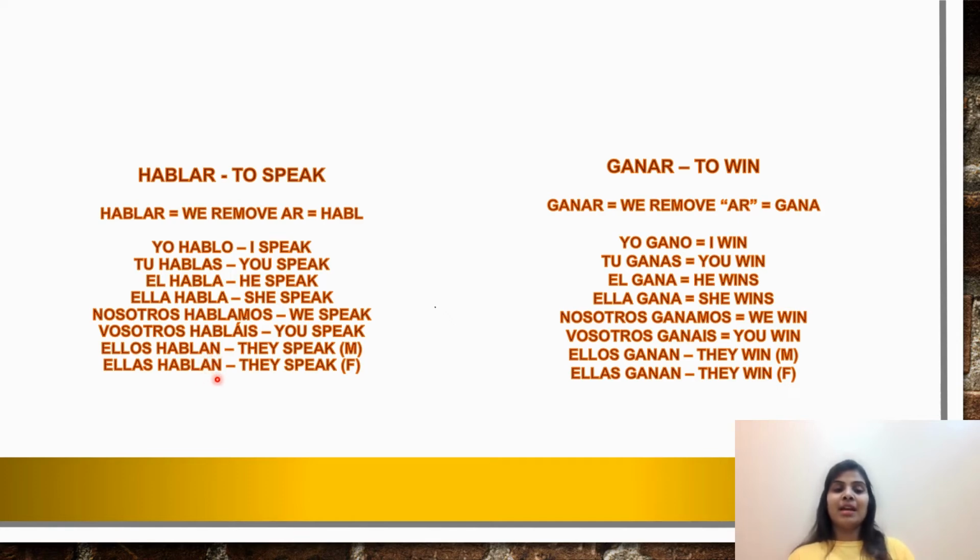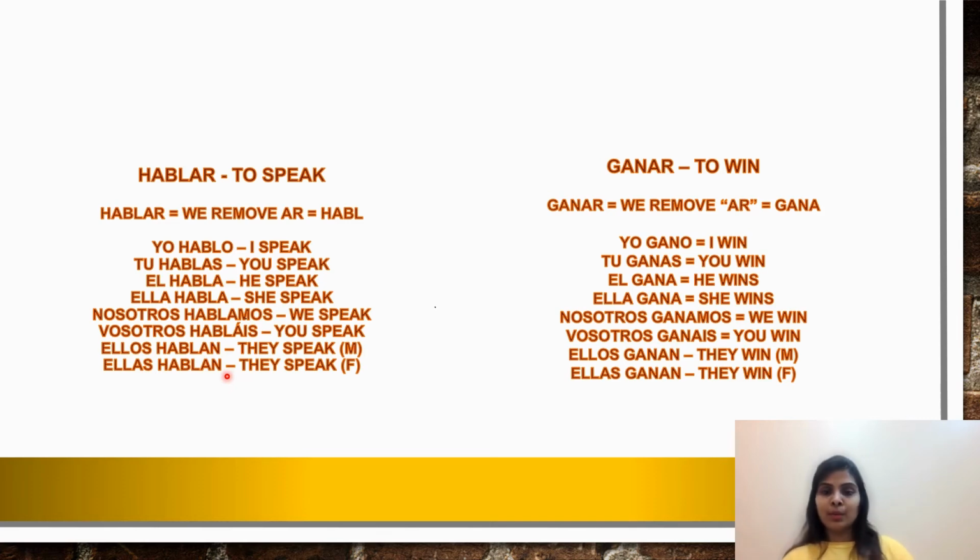A-N, again the same endings. It means they speak. So the endings would be: for yo, it is O; tú, it is as; él, it is a; ella, it is a; nosotros, it is amos; vosotros, it is ais; ellos, it is an; ellas, it is again an.